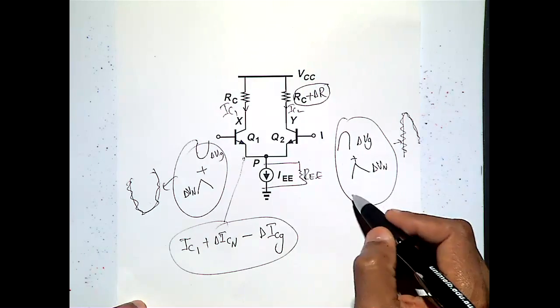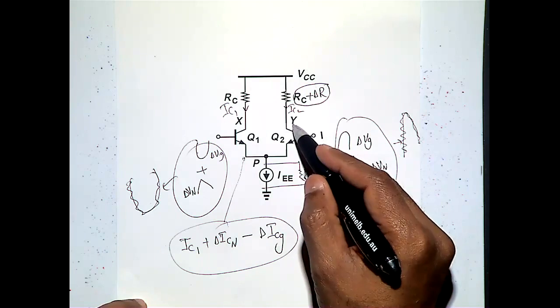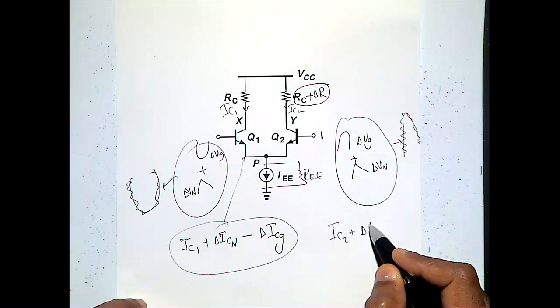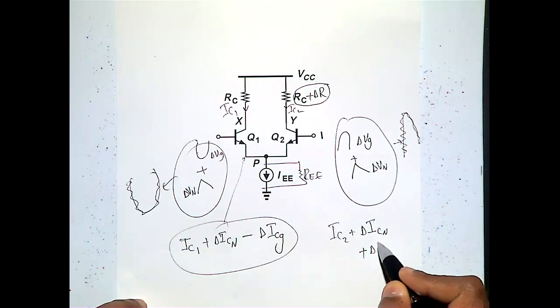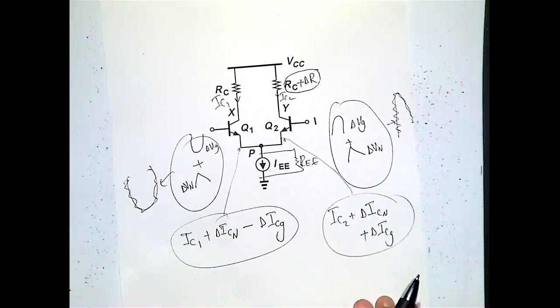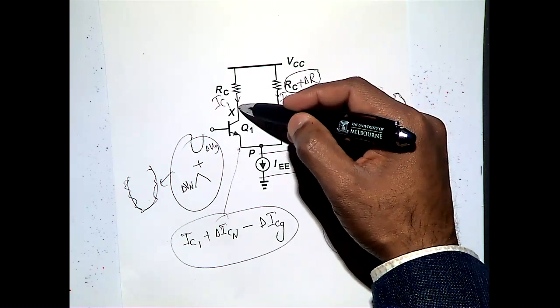And then our assumption is collector current equals emitter current. Then the current here is equal to IC2 plus delta ICN plus delta ICG. So that is the current here. Now we know that when you measure this point with respect to ground, we get the noise.